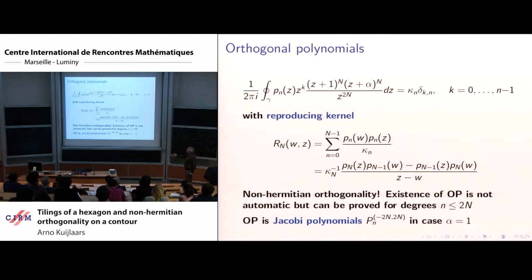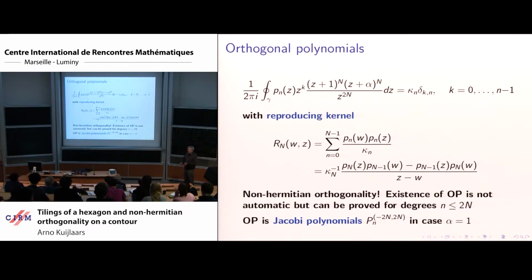Now this is unusual orthogonality. People in approximation theory, where this concept also appeared some decades ago, call it non-Hermitian orthogonality. Notice that there is no complex conjugation anywhere, right? We're dealing with things in the plane, but there's no complex conjugation anywhere. So actually there's no L2 inner product behind this. This is just a system of linear equations that you could set up to determine the coefficients of this polynomial.